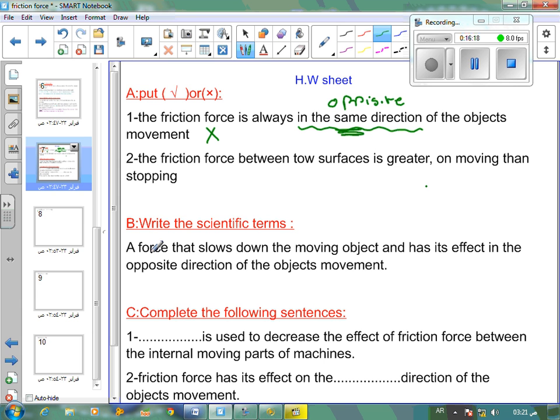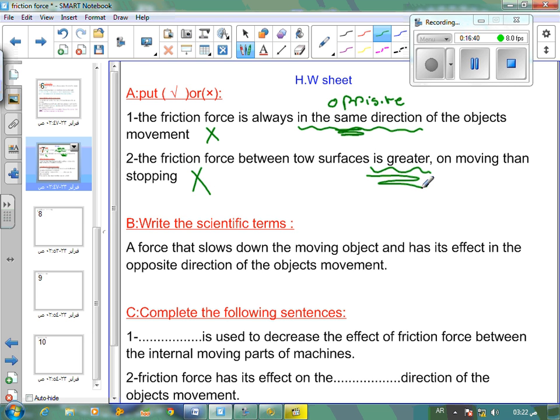Number two, the friction force between two surfaces is greater on moving than stopping. Right or wrong? Of course, wrong.